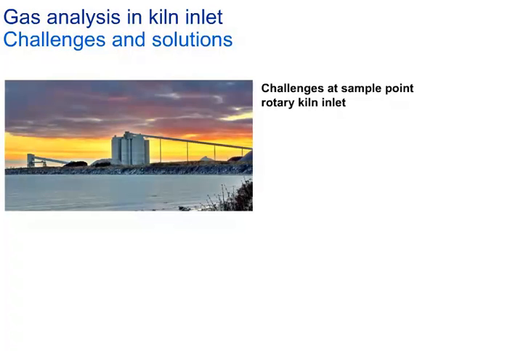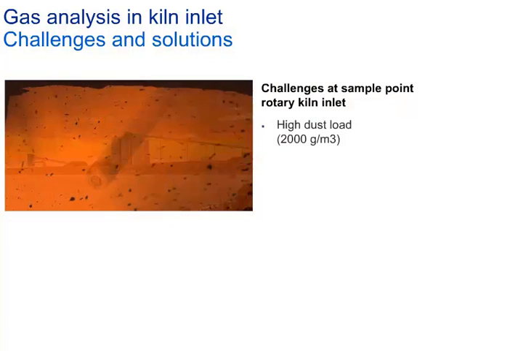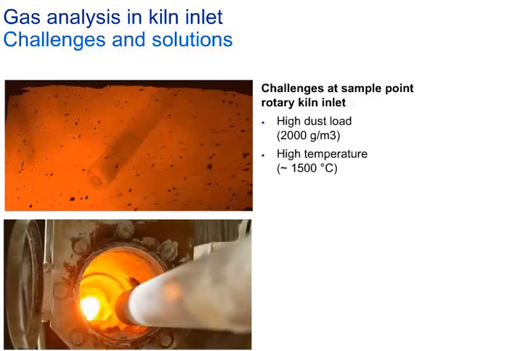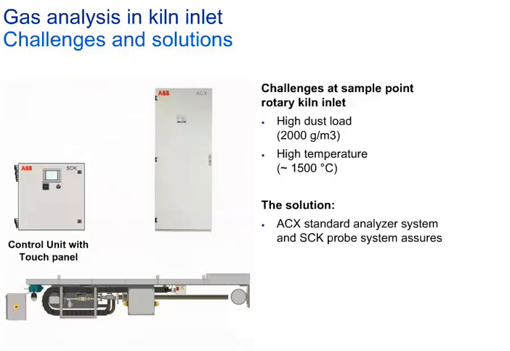Measurement at the kiln gas inlet is one of the most crucial measuring tasks. As you can imagine, the high dust load and the high temperatures are very challenging requirements for the gas sample handling system, continuous gas analysis, and sample handling. The analyzers, the gas cooler, and the sample gas feed unit are integrated in a standard system that is called ACX.